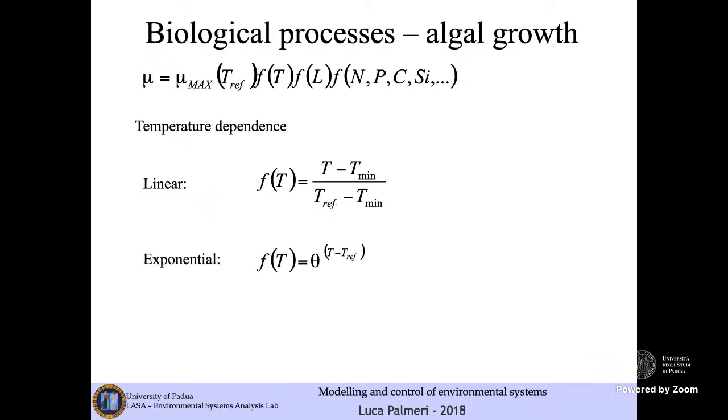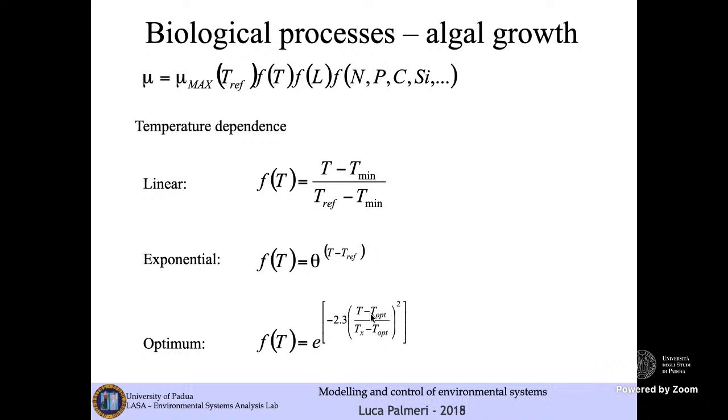The other model we may employ is an exponential model in which we make an Arrhenius-like dependence of the function FT on the difference between the reference temperature and the actual temperature, or we may employ an optimum formulation.